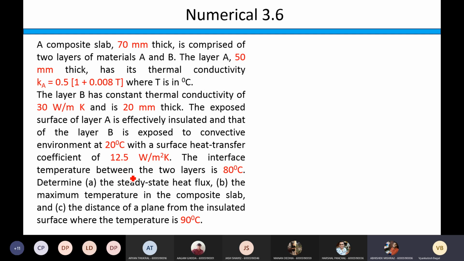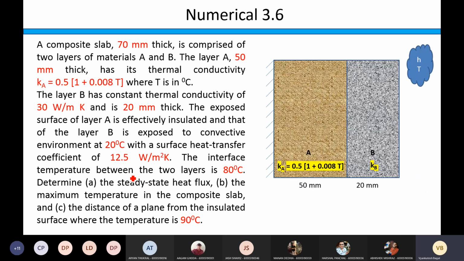Now take down this. A composite slab 70 mm thick is comprised of two layers of materials A and B. Now for the sake of simplicity, just showing you the diagram itself. So this is a composite slab which is made up of two layers, layer A and layer B. So what they have given is the thermal conductivity in this layer, first layer, is varying like this.